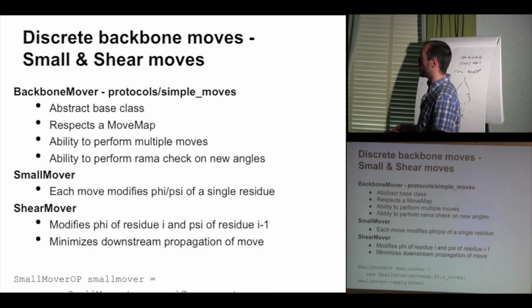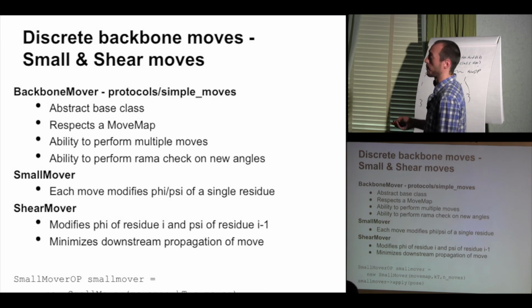Some discrete backbone moves are small and shear. These are kind of the most basic operations you can perform on a protein backbone. There are implementations of them in protocols, simple moves. There's backbone mover, which is an abstract base class that small mover and shear mover are derived from.